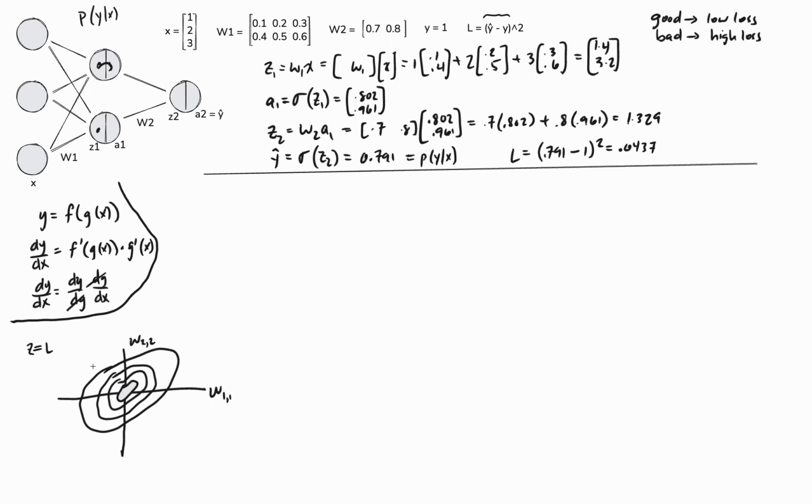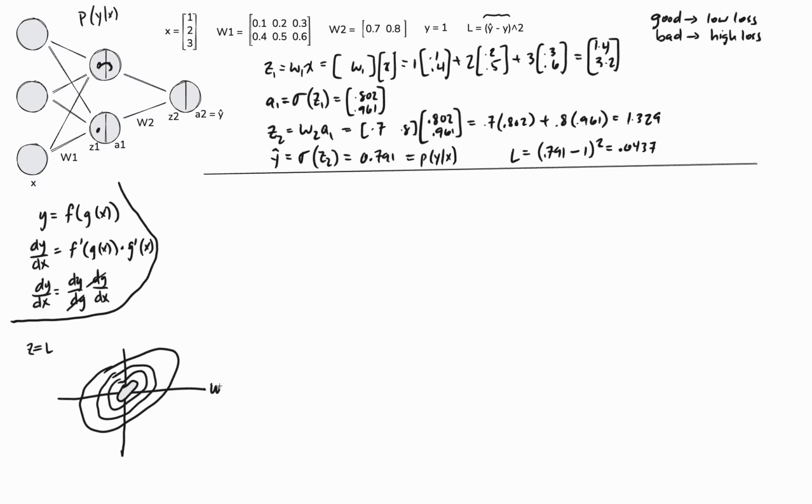So right now, our W11 is, oh, actually that should be, let me fix this. Sorry, this is supposed to be W1, 2. Of course I would draw this wrong. Let me redo it.